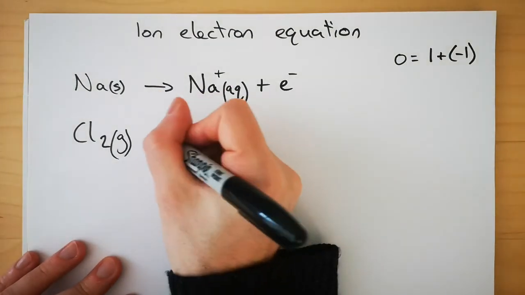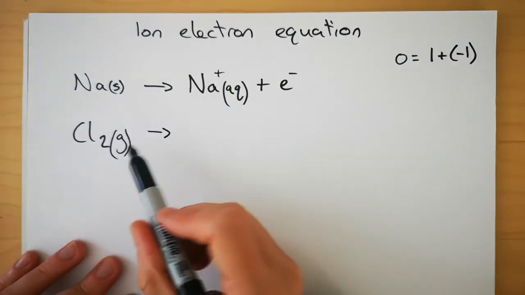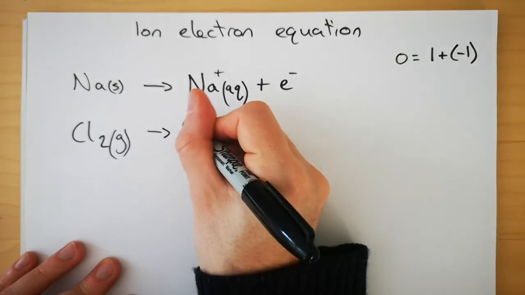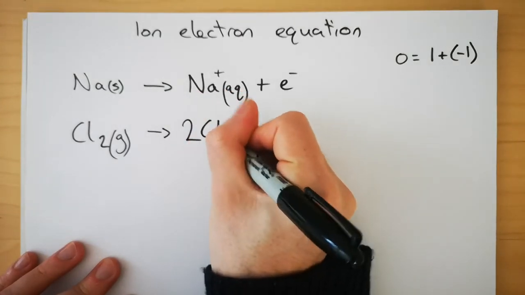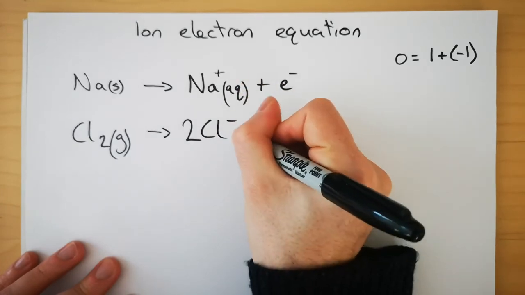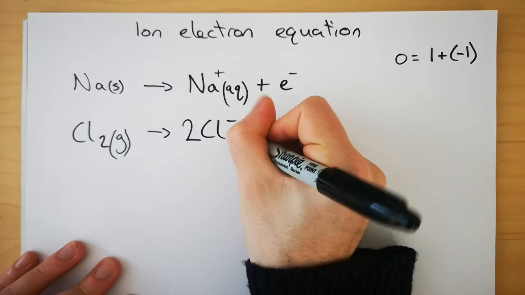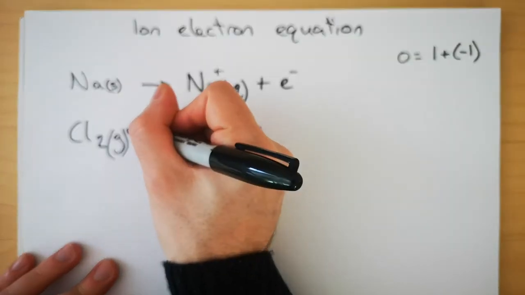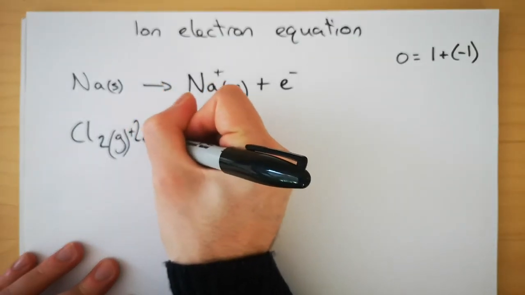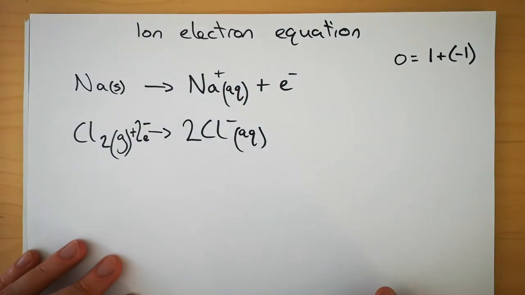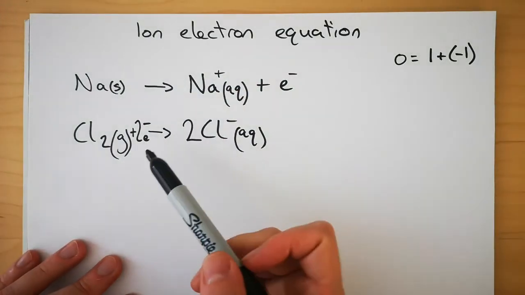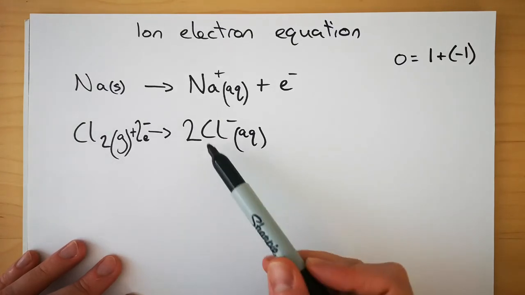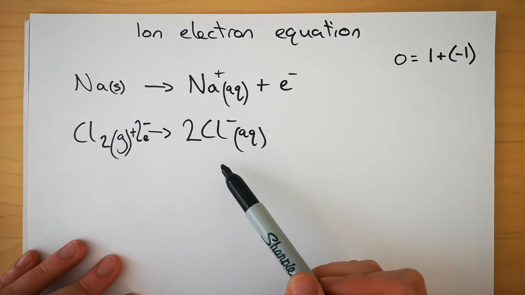Now, when we add in our electrons, we're going to produce 2 Cl negative ions in an aqueous state. Now, that means that I'm going to need to plop in 2 electrons here. And so this chlorine in its diatomic state plus 2 electrons gives us 2 Cl negative.